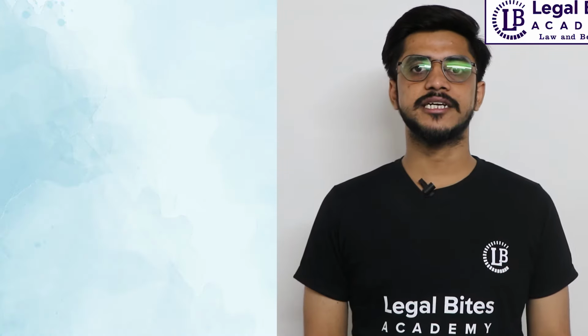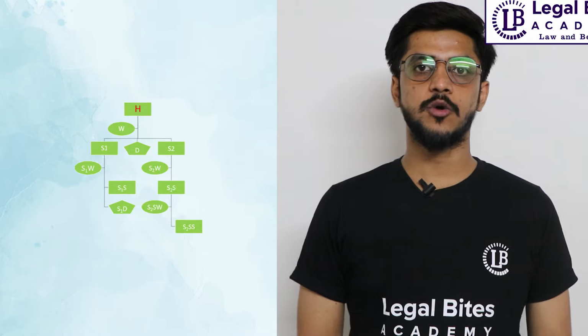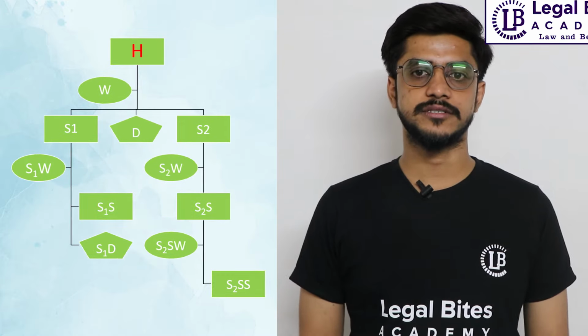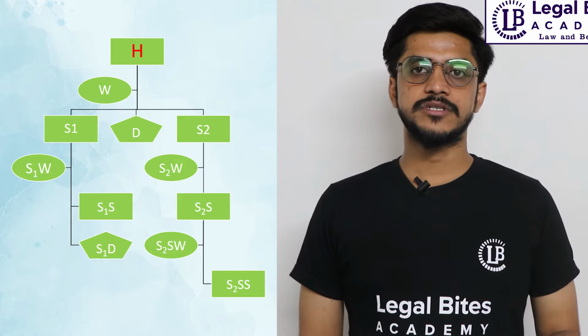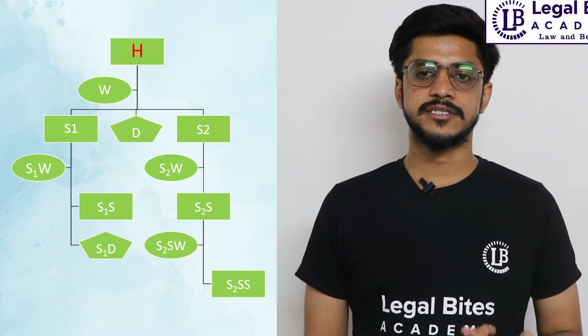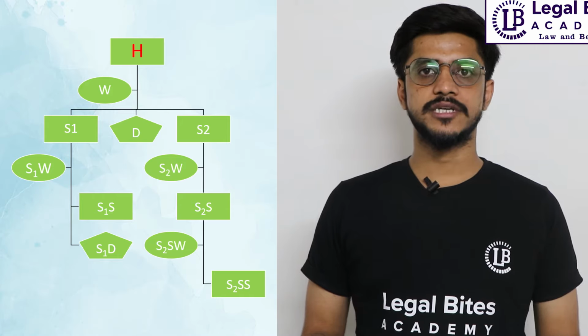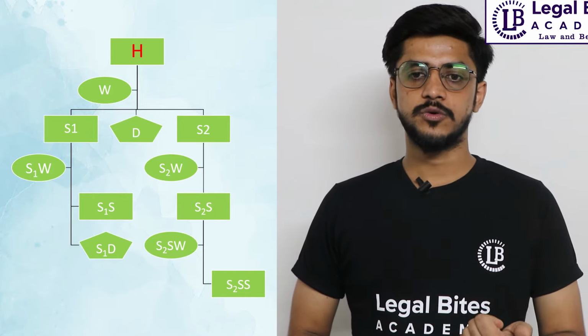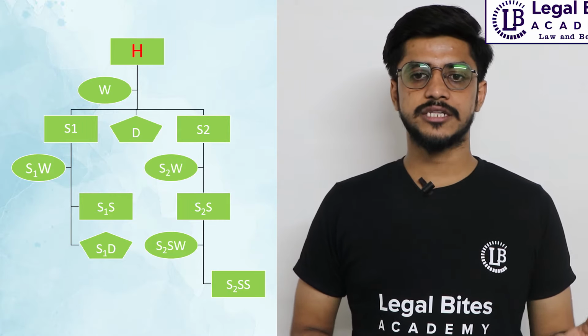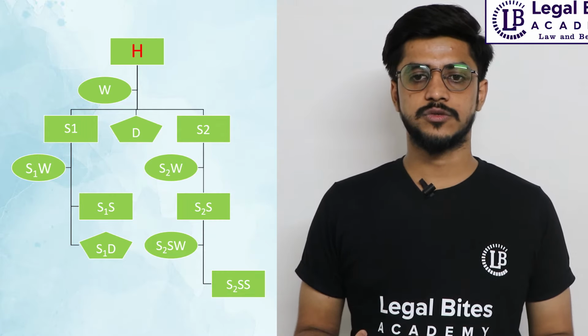Now let us understand the concept of common male ancestor and how a joint Hindu family comes into existence with the help of a diagram displayed on your screens. There is a person H who is a common male ancestor here, and below him is his family tree. Here his wife is W and they have 3 children S1, D, S2.